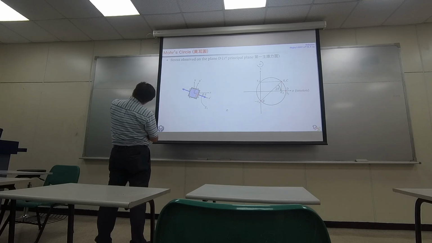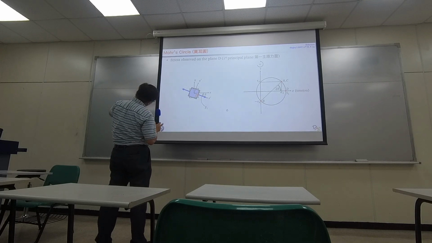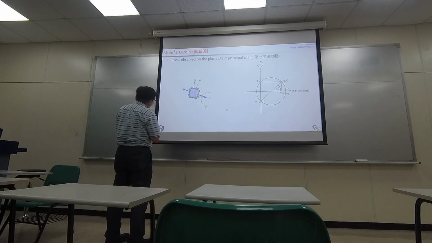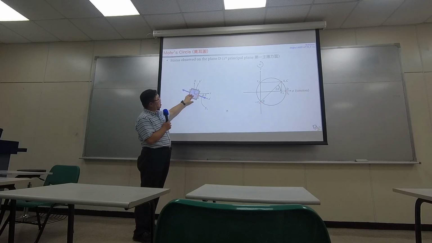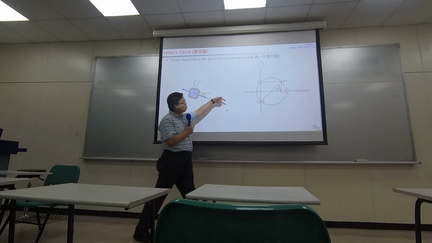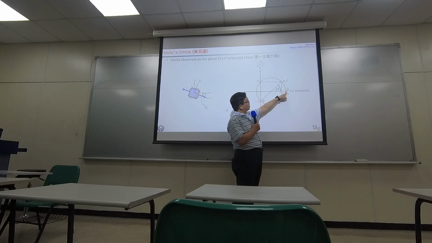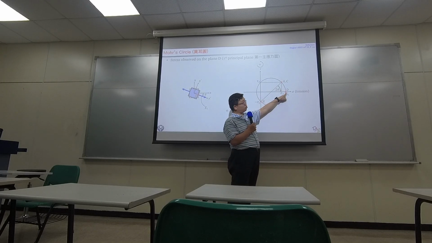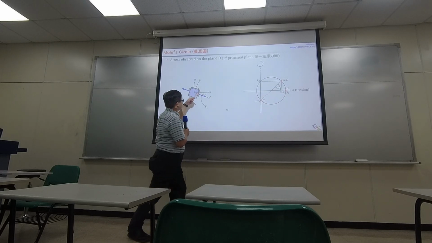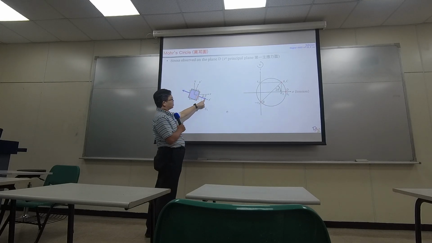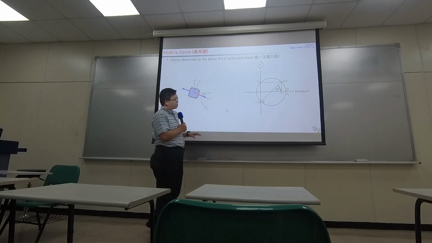Now you just bend your head and then observe the whole thing in a new coordinate system, but still the same element. If you observe the element in this way, then the load condition is going to be like what I'm drawing right here. Because the Mohr circle tells you, if you observe the element at this angle, that position is going to carry a normal stress of S1, no shear stress. So if you observe that point in this way, there's a normal stress of S1, no shear stress. And we call this one a principal stress.